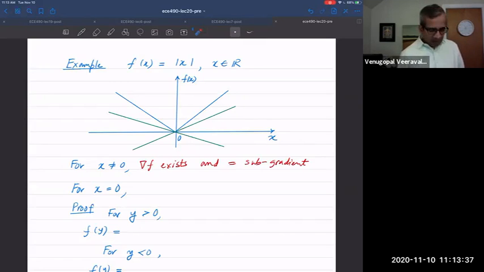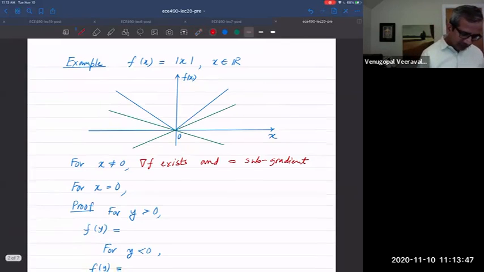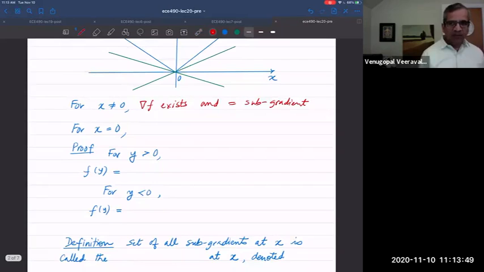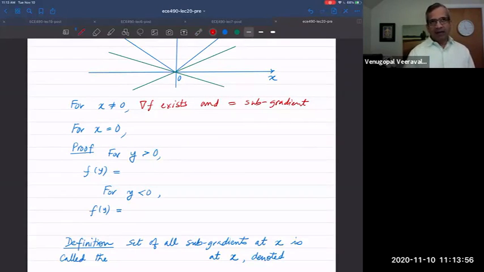Which means that any g in the set -1 to 1 should be a subgradient at 0. Any line with a slope between -1 and 1 will lower bound the convex function, so any g in the set -1 to 1 is a subgradient.